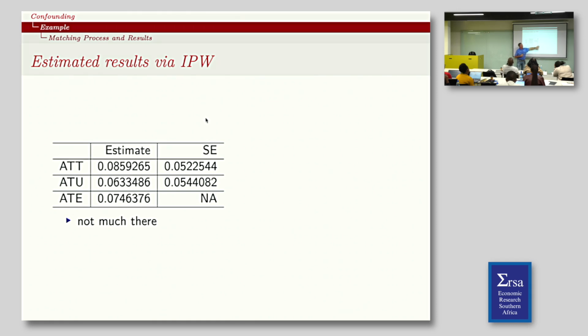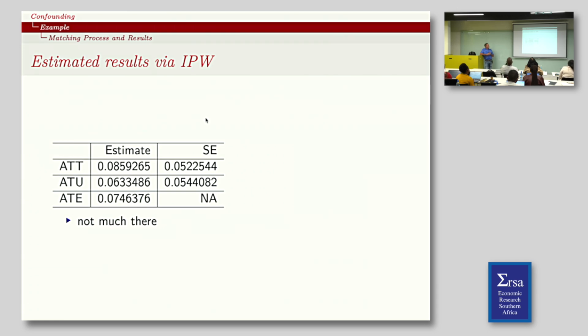Standard error of 0.05. 0.08 divided by 0.05 is not quite statistically significant, but close. It's about 1.6, maybe 1.64. It might be right at 10%. I didn't actually do that calculation.